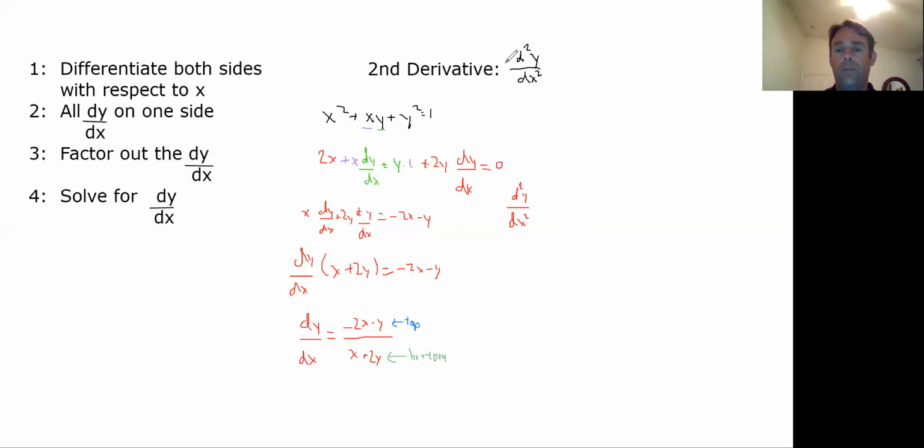So we have the bottom, x plus 2y, times the derivative of the top. So the derivative of negative 2x is negative 2, minus the derivative of y, so that's 1, but notice it's going to be 1 times dy/dx. So negative dy/dx.